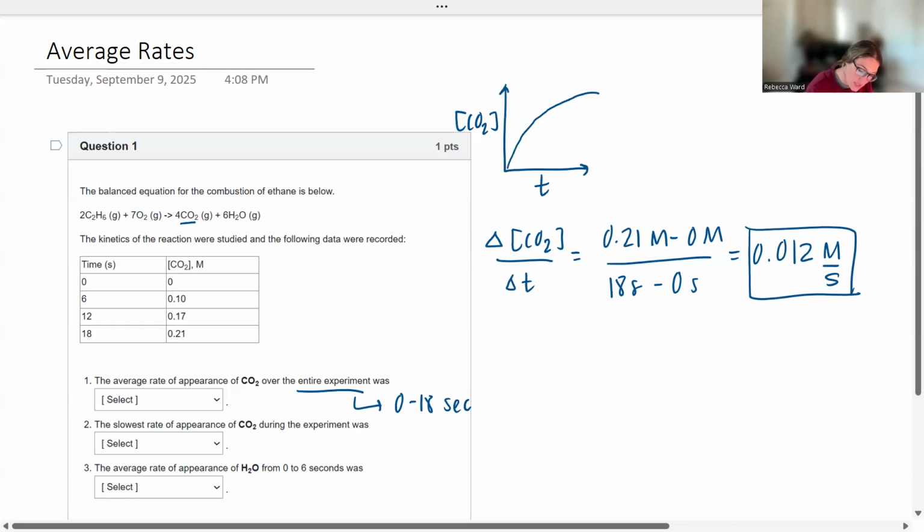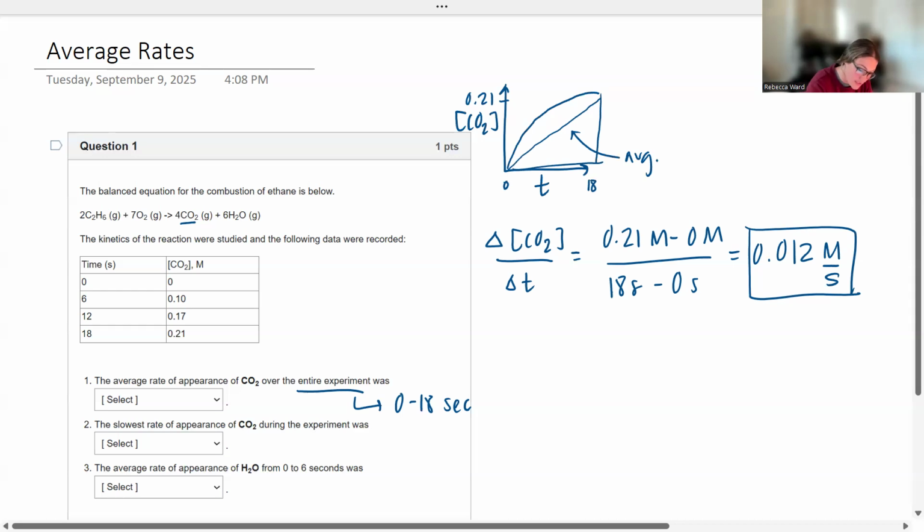So what we gain from this is that from 0 to 18, we have made 0.21. Essentially we're looking at this slope, that's our average rate of production over that time period.